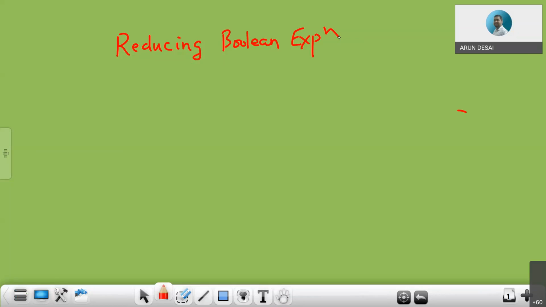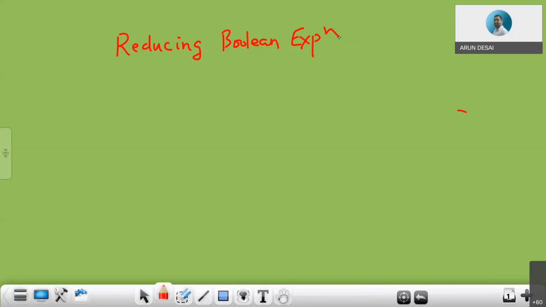Why reduce a Boolean expression? Why reduce the expression? I think we have talked about this. Yes, exactly. To simplify the circuit.